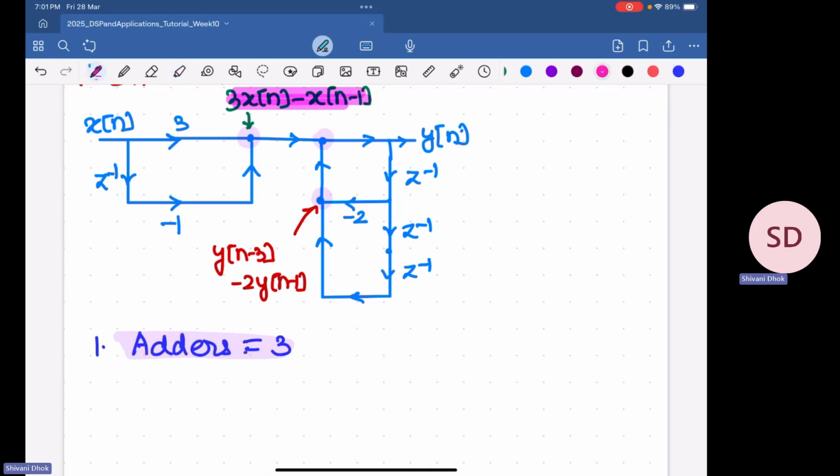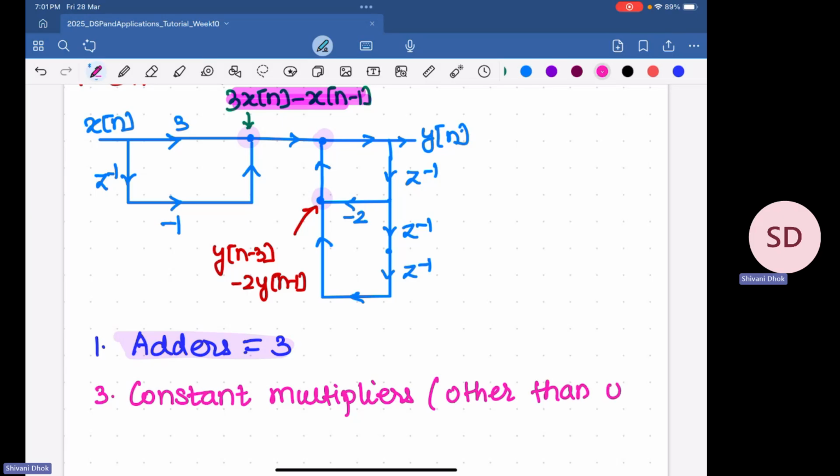Then we will have the number of constant multipliers other than 1 and 0. How many are these?